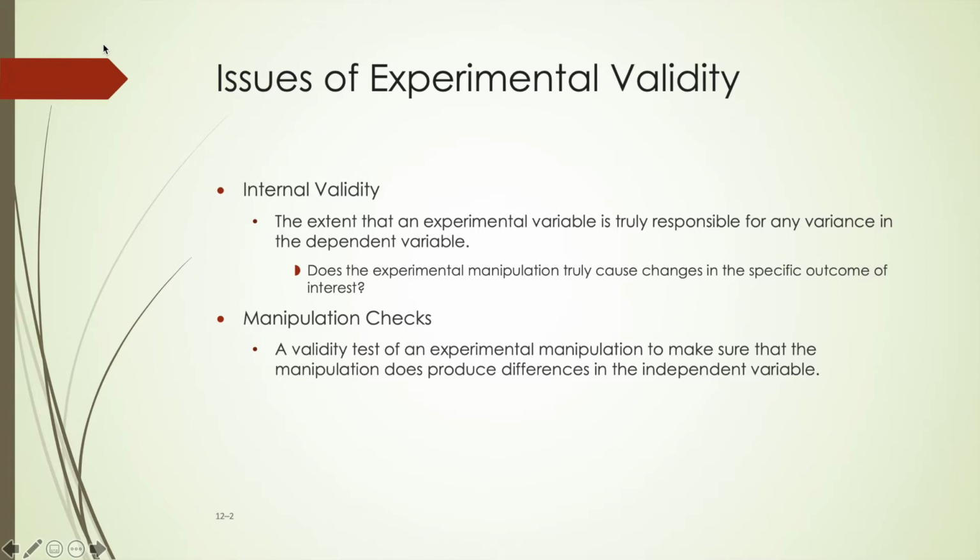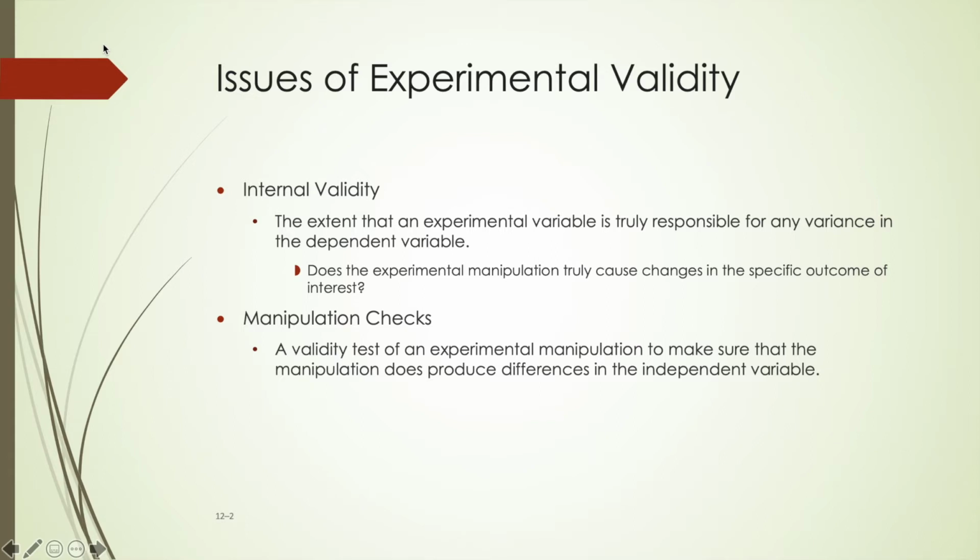Well, if they applied the same methodology, the same manipulation to maybe the second and third shift, and they saw the outcomes about the same, then you would have internal validity.